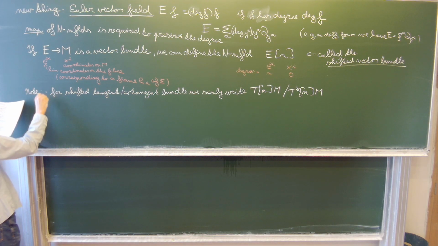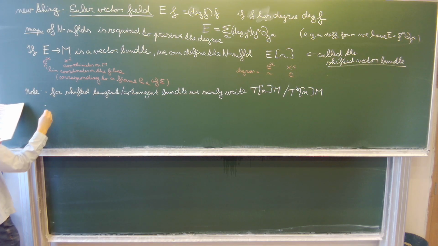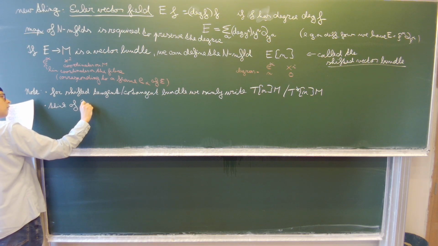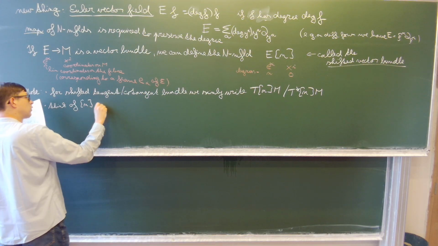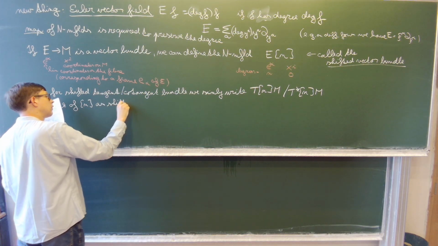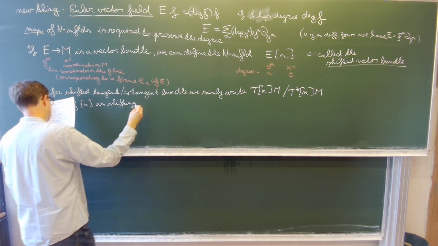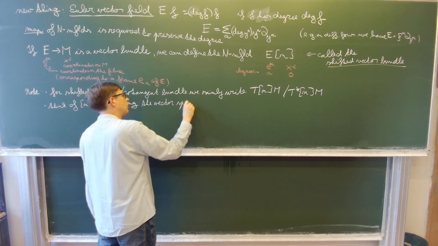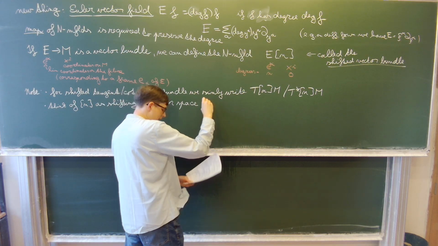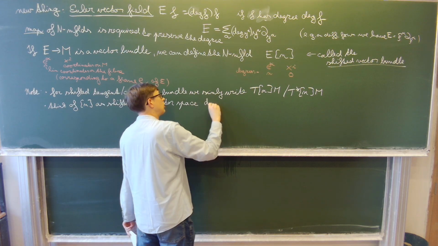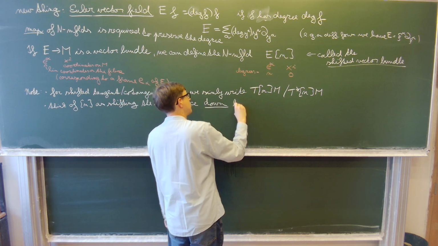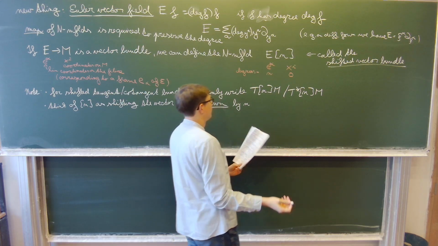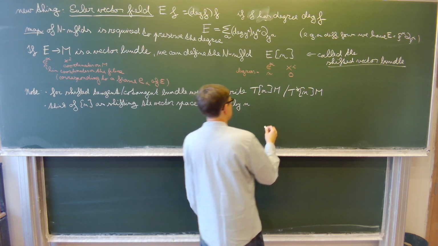But okay, so the second thing, a way to remember things. So think of this thing as shifting the corresponding vector space down by n. So what do I mean by this?